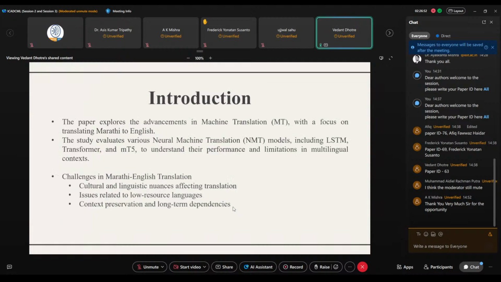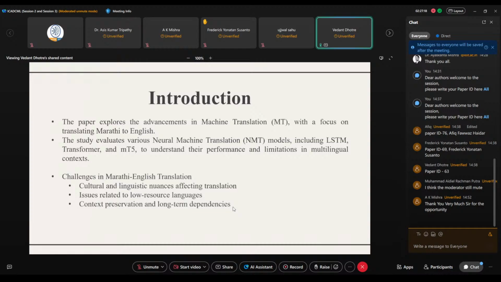So this paper essentially explores the recent advancements in machine translation, and it is primarily focused on Marathi to English. These are the two Indic languages which we have focused on for our study. Hence, we evaluate the various neural machine translation models, including LSTM, transformer, and Google's mT5 model, to understand their performance and limitations.